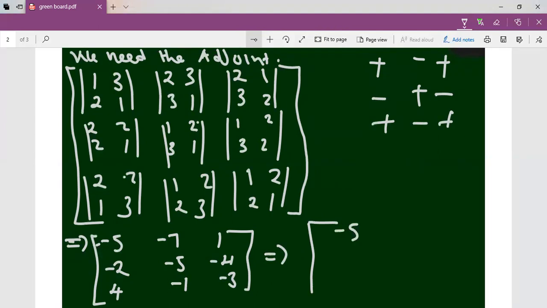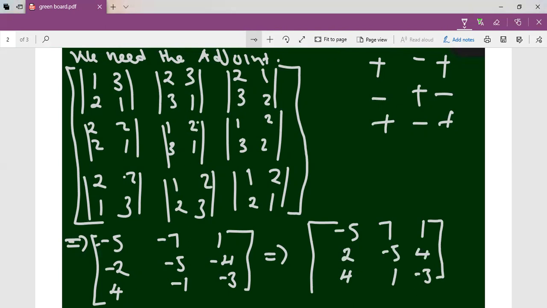This should be allocated a negative sign, so it will be positive. This should be positive, so it will remain positive. This should be negative, so negative by negative, it will be positive 2. And this now becomes -5, it will be the same. This becomes 4. Then this is positive 4 because the last one there is positive. This should be positive 1, and that is -3. Okay.